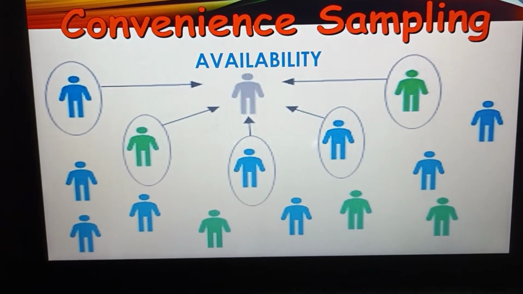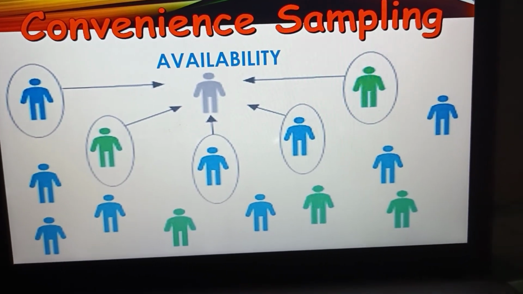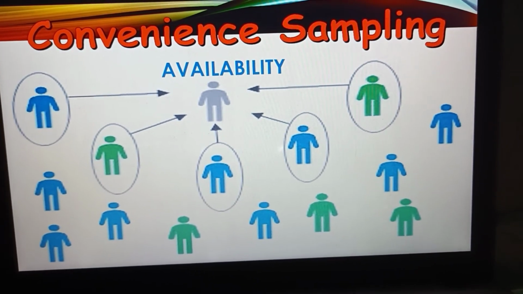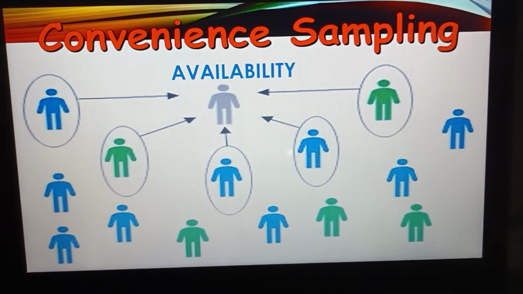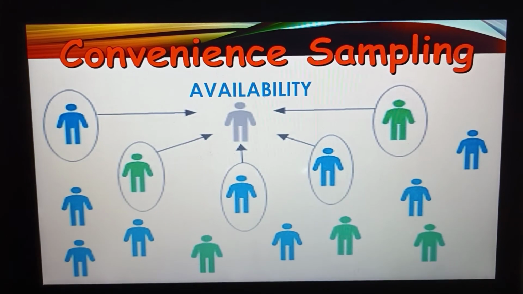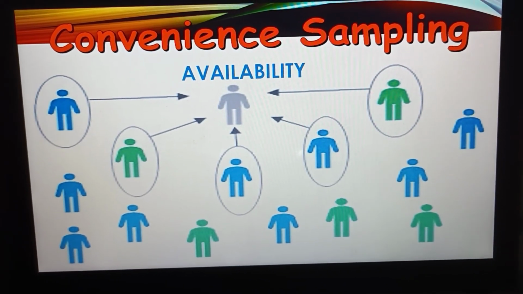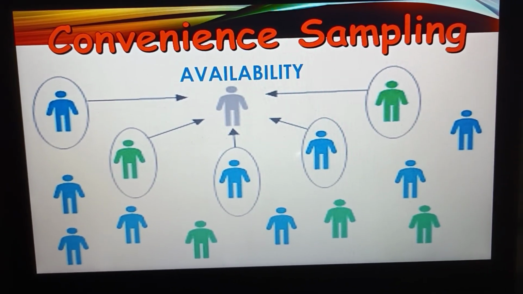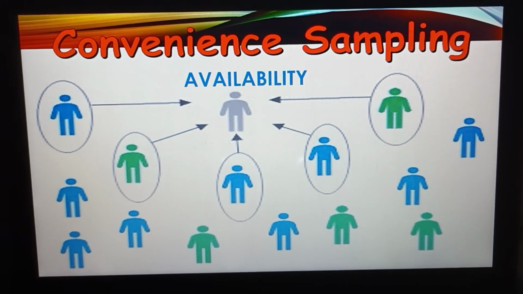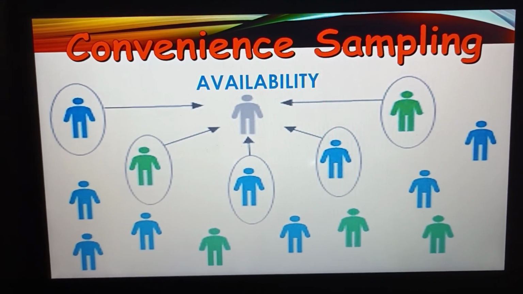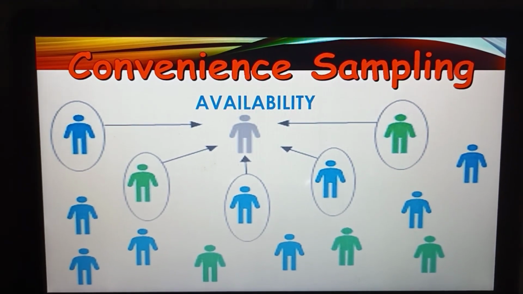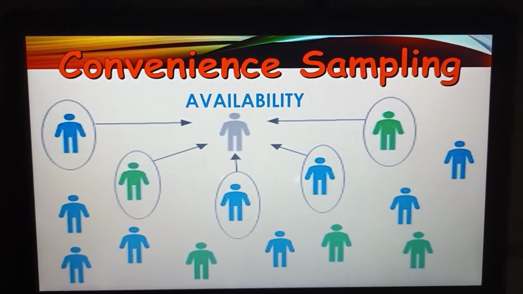For example, in face-to-face class, you may distribute your survey form to the classroom next door, because it is convenient to you. The other sections of grade 11, on the second floor, are far, and you may not go there. So it is biased, because you follow the convenience sampling technique.